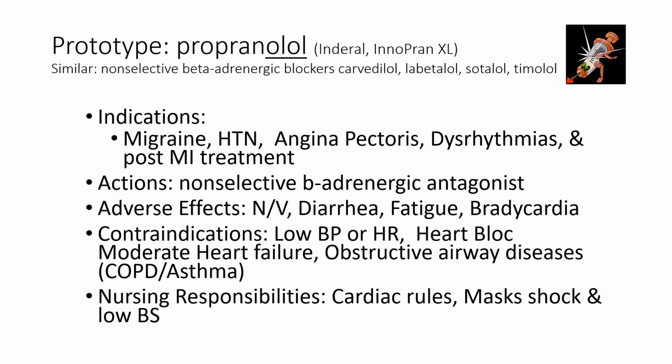Well, if you're on beta blockers, that's going to block the norepinephrine from your sympathetic system from speeding up your heart or vasoconstricting your blood vessels. But in particular, it'll stop the norepinephrine from speeding up your heart and increasing contractility. So you could have someone who's in shock but has a heart rate of 90 because the beta blocker is blocking the norepinephrine from speeding up the heart.